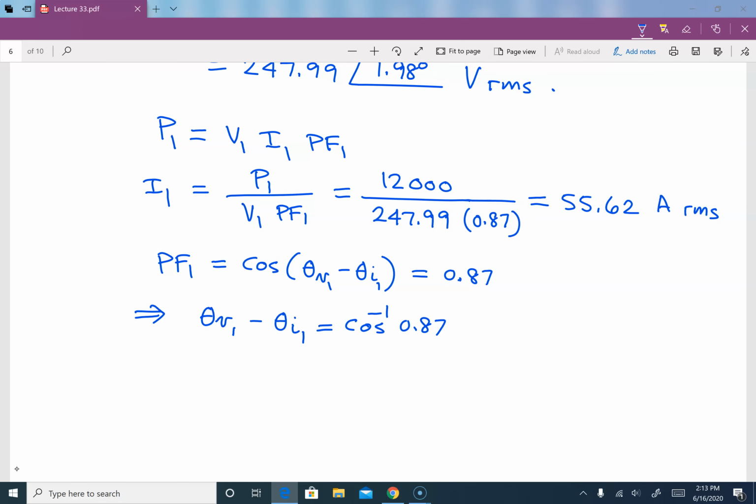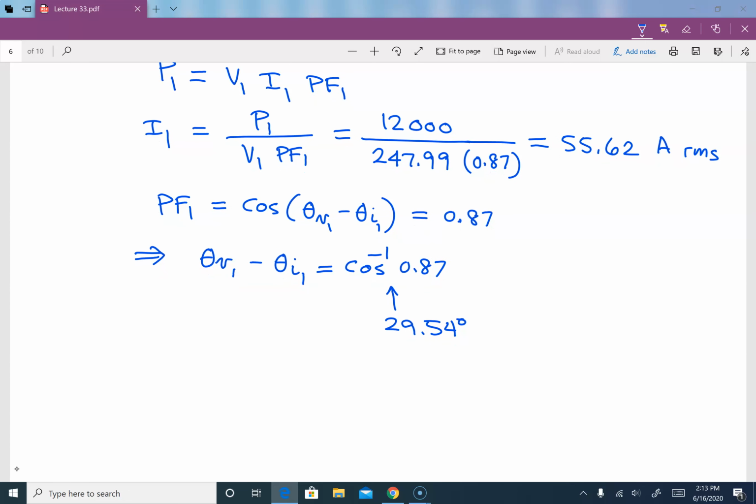And the inverse cosine of 0.87 is equal to 29.54 degrees. So from that we can say our theta I1, because it is unknown, is equal to 29.54 degrees, right?